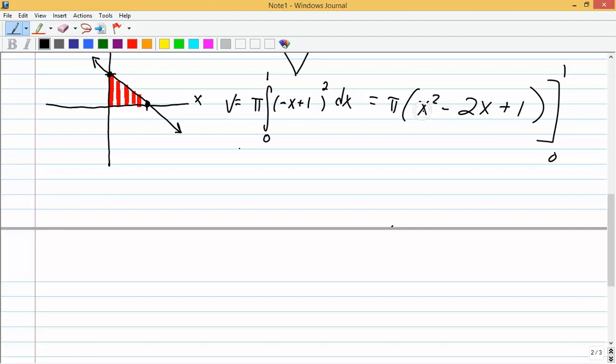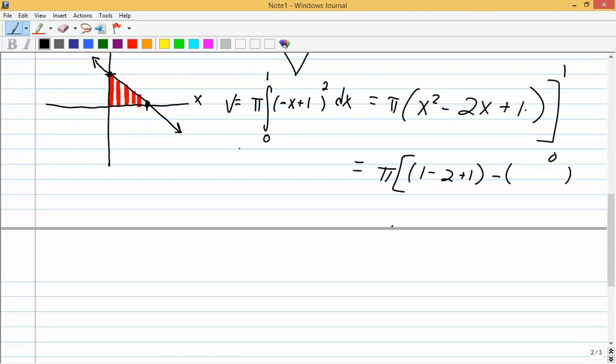It's good that it actually came out to be like this, because I'm going to show you a very common mistake other than not applying the formula. If you plug in a 1 right here, you get 1 minus 2 plus 1 minus, notice that plugging in a 0 here gives you an answer.